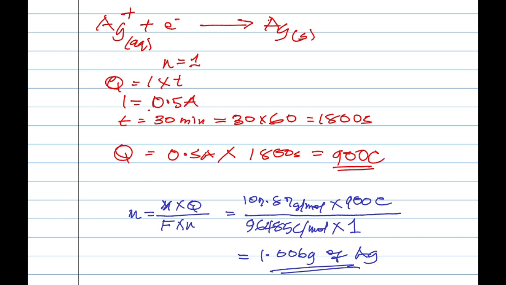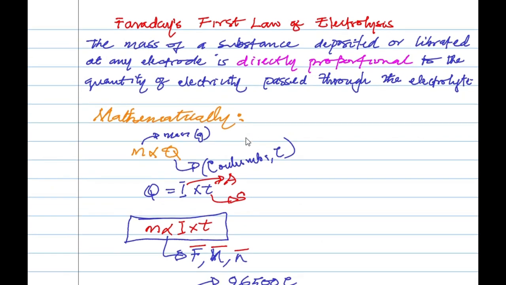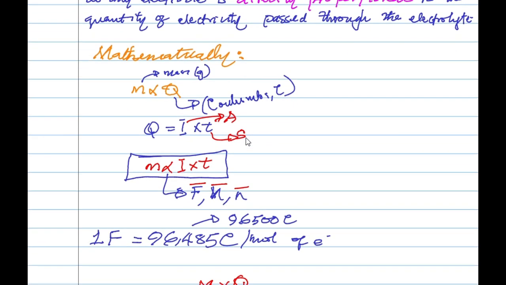We represent that mathematically by writing m is proportional to Q. M is the mass of the substance deposited, and Q is the coulombs of electricity that is passed through the substance, or that deposits the substance.